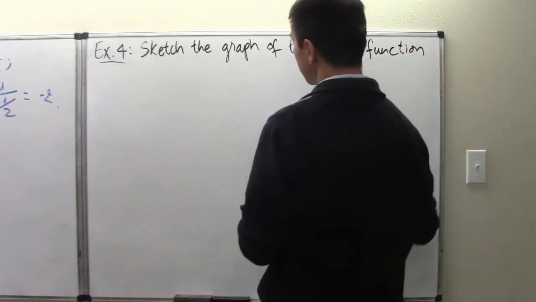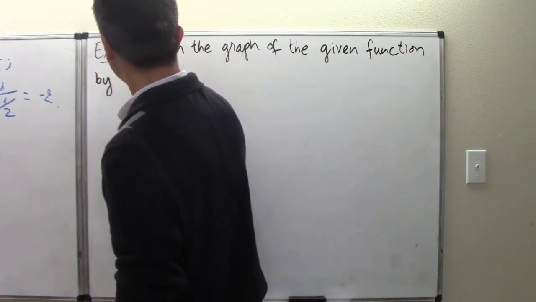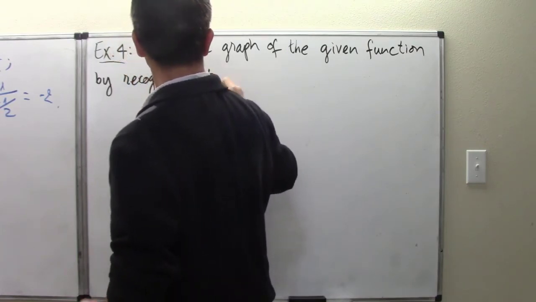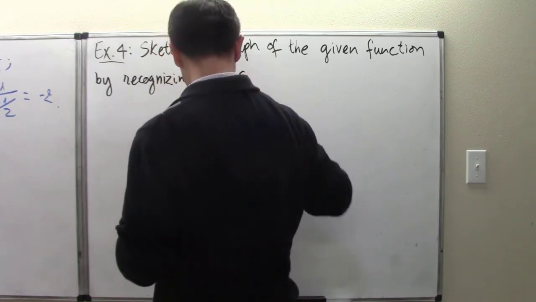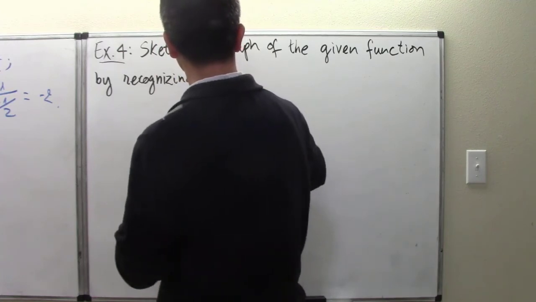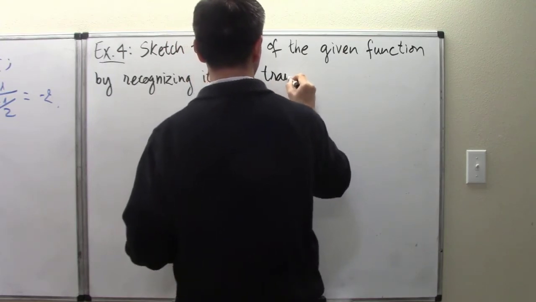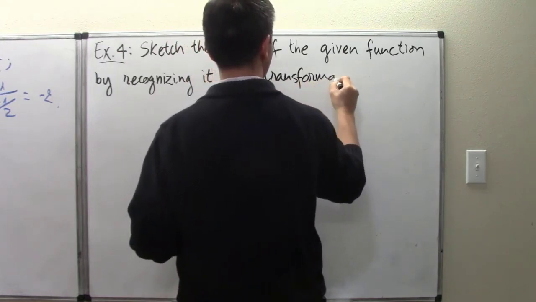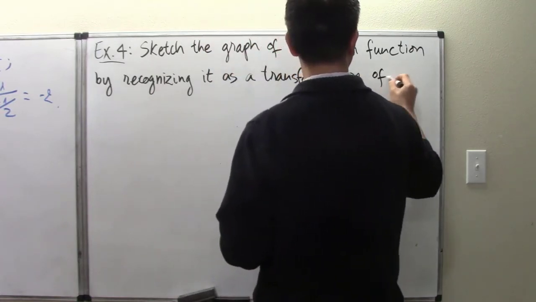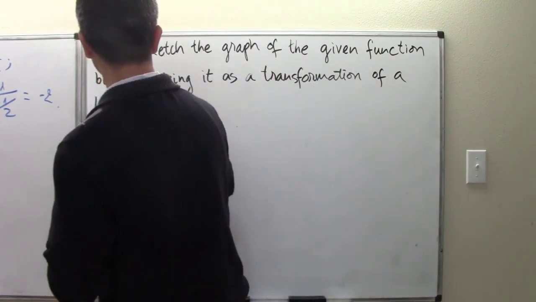All right, sketch the graph of the given function by recognizing it as a transformation of a known function. All right, so just like that again, of a known function.